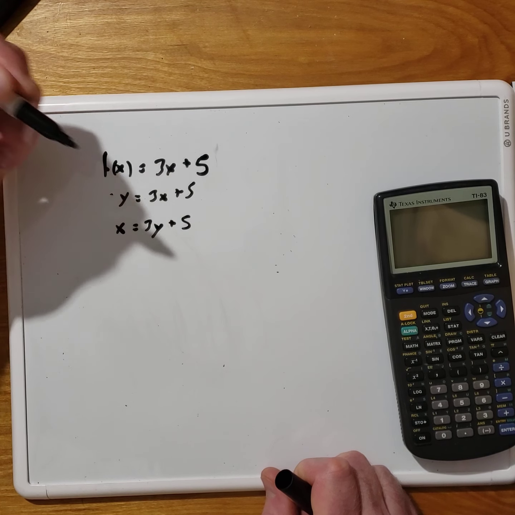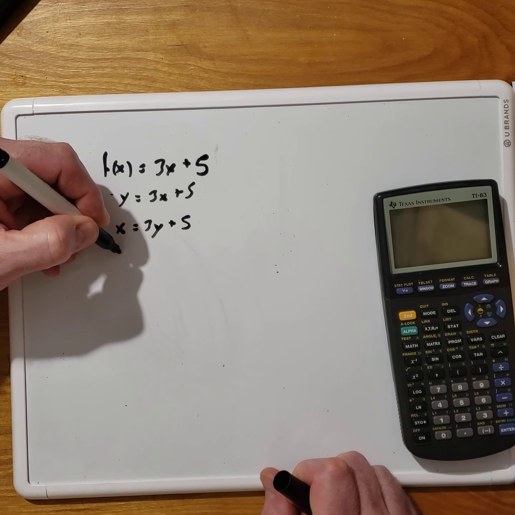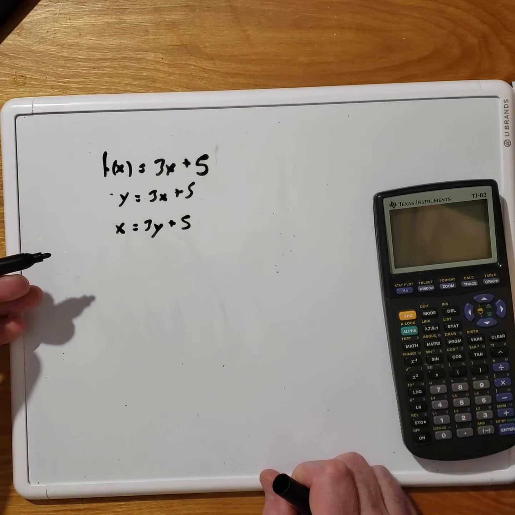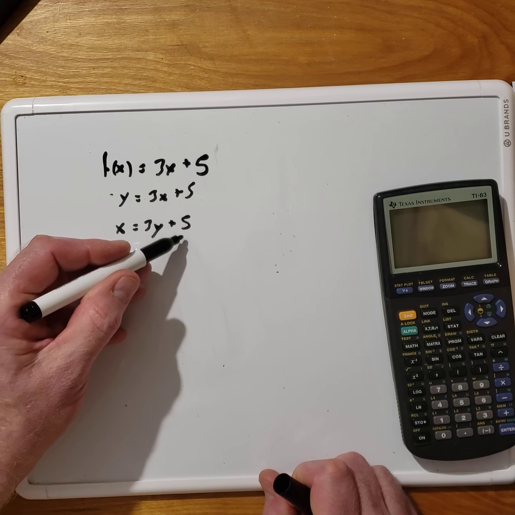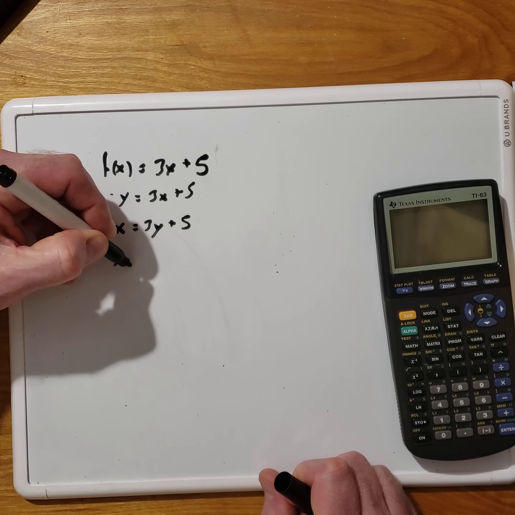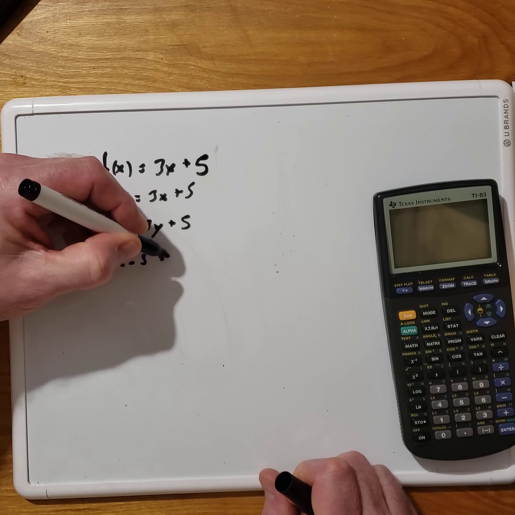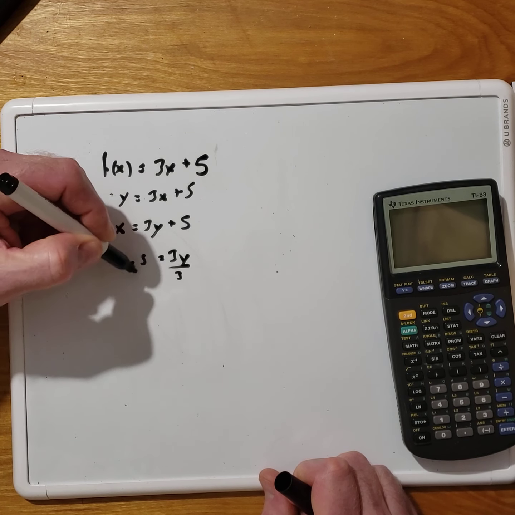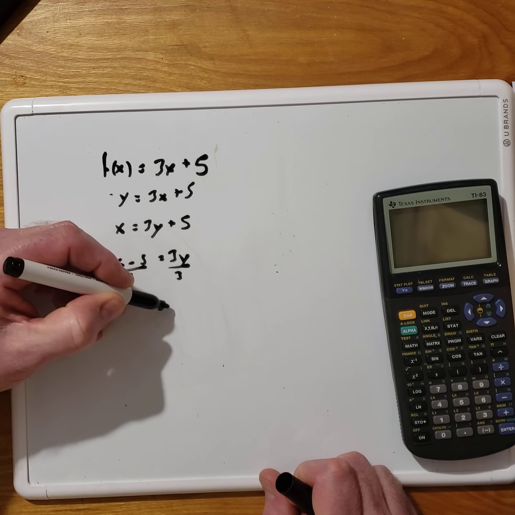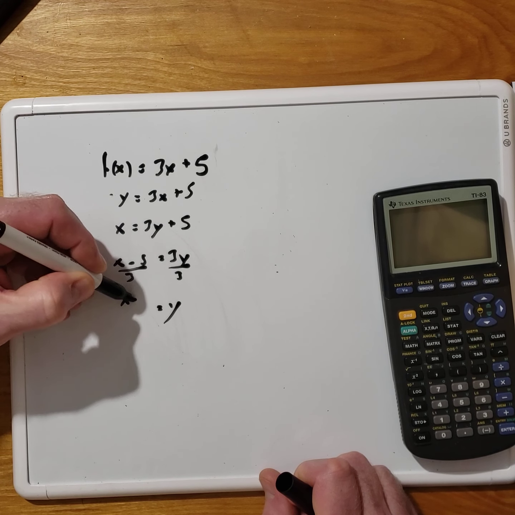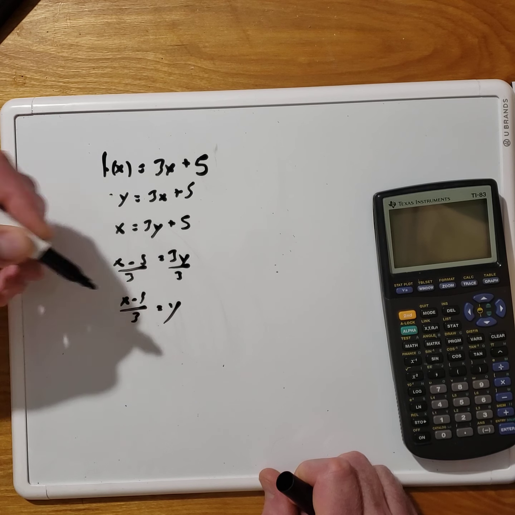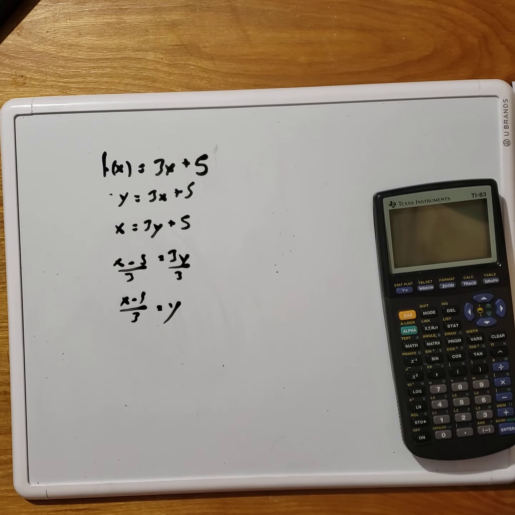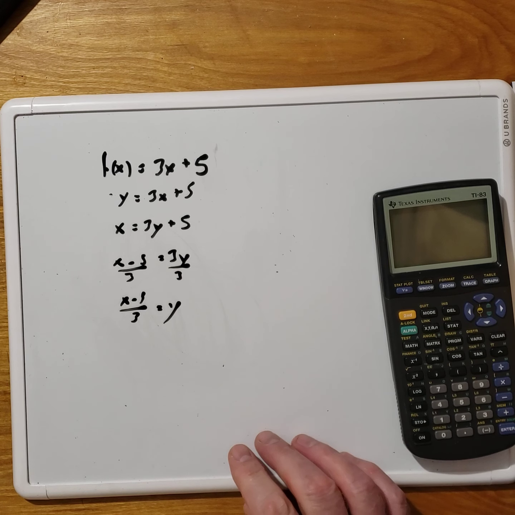And then we solve. So if I want to get my y alone, solve for y, so rearrange it so the y is alone, I would subtract 5 from both sides. And then I would divide both sides by 3. And that would give me my y equals x minus 5 over 3, which is the same thing we got doing it the other way. I think the other way is a little easier, so I'm going to stick with that.